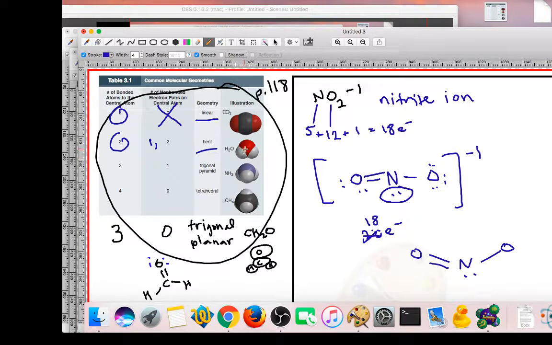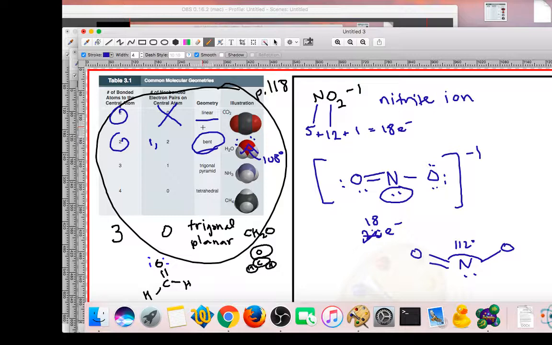The angle here is something like 108 degrees on the water molecule, or 105 degrees, or something less than 120. The angle here is going to be maybe 112 degrees, or something almost 120. The difference is because this one has 2 lone pairs. This one only has 1 lone pair. But we'll still call this bent. Okay? So the molecular shape will be bent.